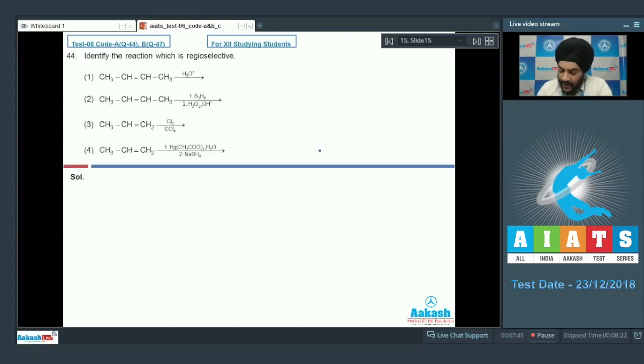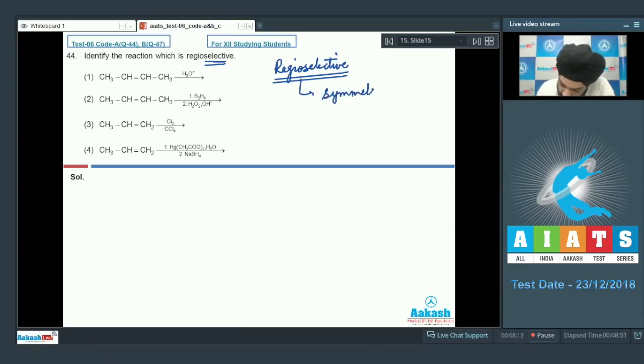Let us look at the next question. Question number 44. Identify the reaction which is regioselective. So students, if we talk about the regioselective reactions, we can eliminate the options in which there is either a symmetric substrate or there is a reagent which causes symmetric addition.